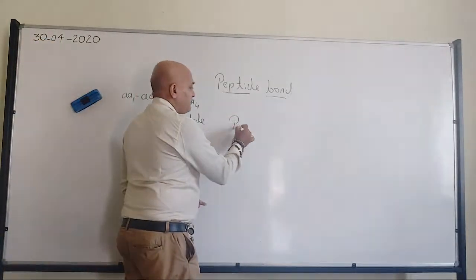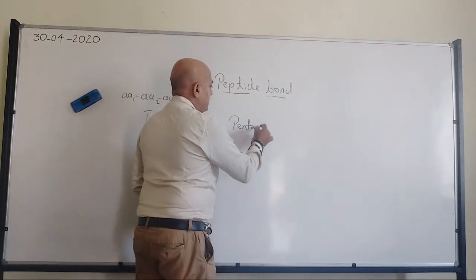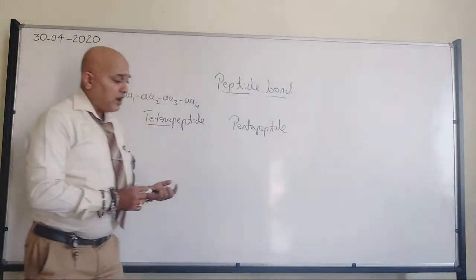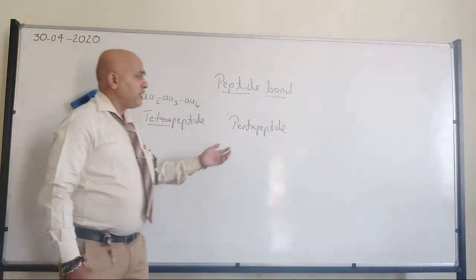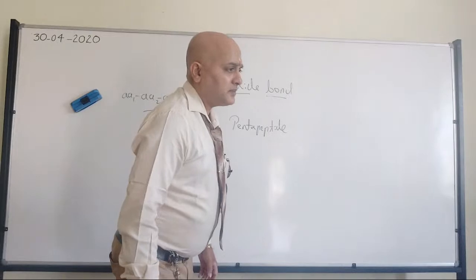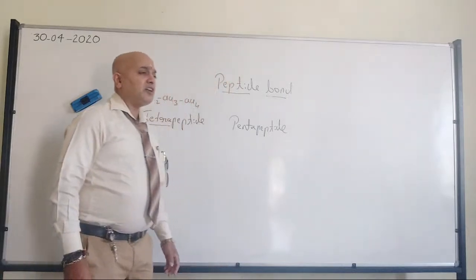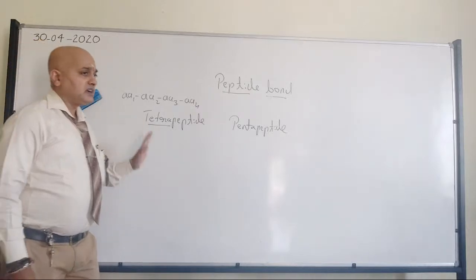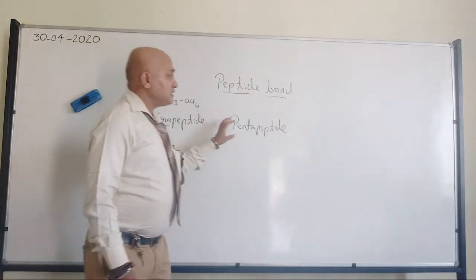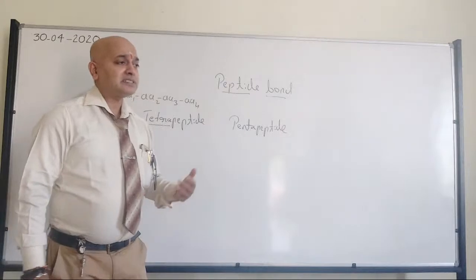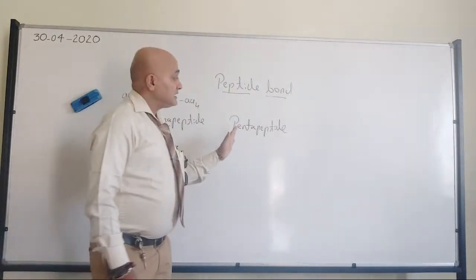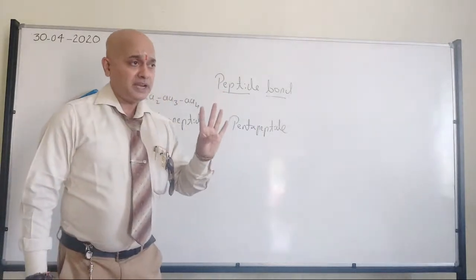Same way, if I give pentapeptide, that means I am talking about 5 amino acids. Penta stands for 5, not butane. Butane and all is applicable for hydrocarbons, not here. Okay? It's not applicable here. So pentapeptide, penta stands for 5. That means 5 amino acids linked by 4 peptide bonds.